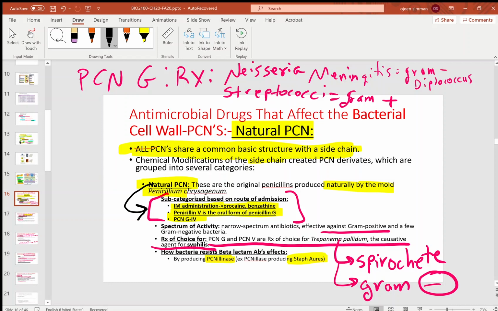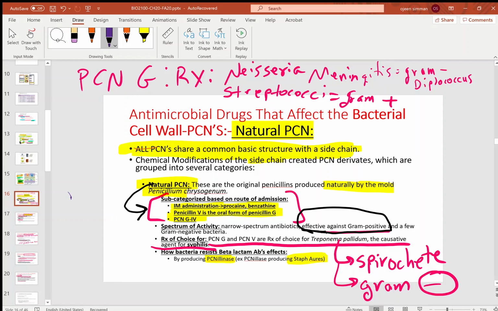I want you guys to know about penicillins in general. Penicillins have a better effectiveness against gram-positive bacteria. They have some activity against gram-negatives too.